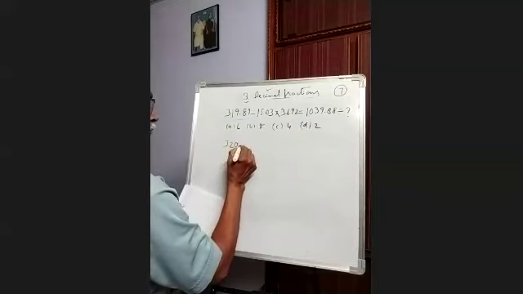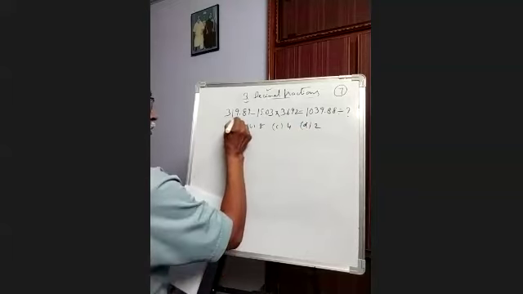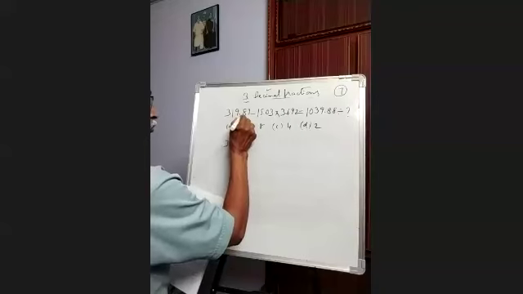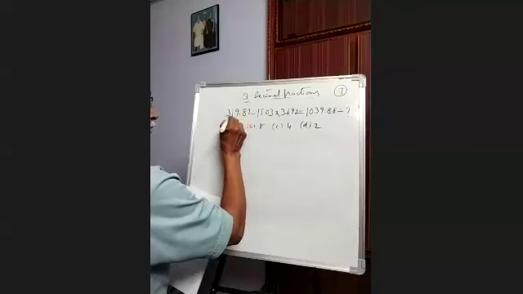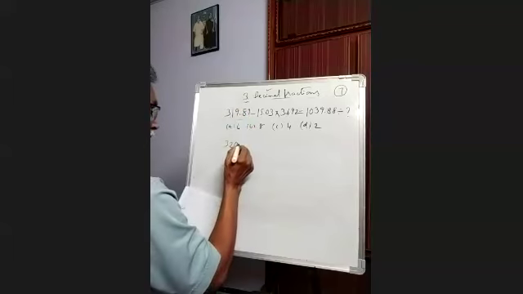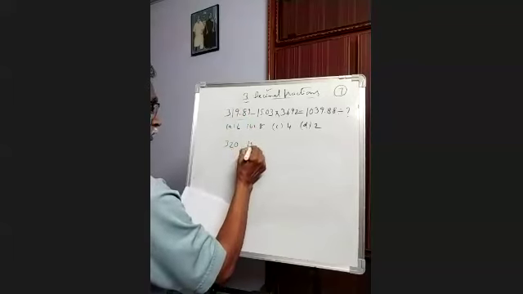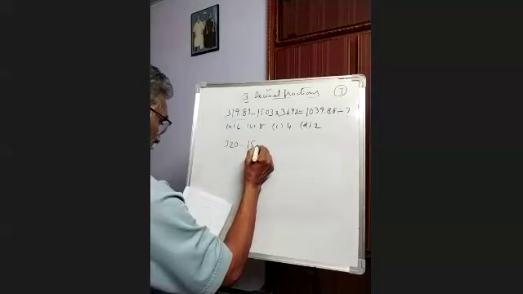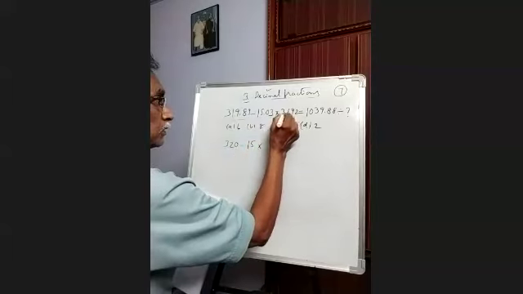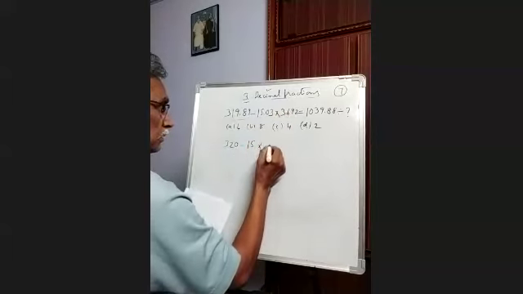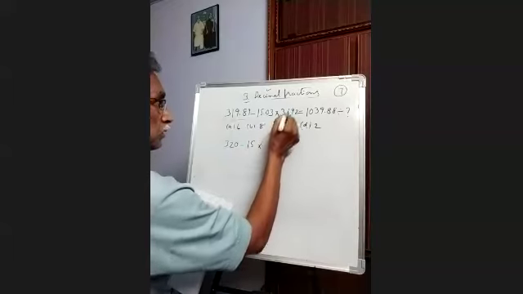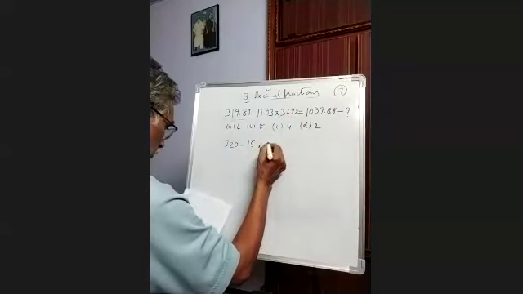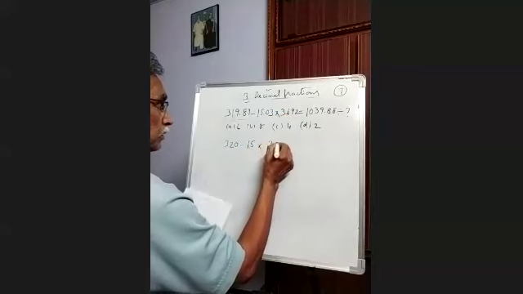From the beginning, we are approximating values. 29.89 will be 30, 320, minus this will be 15. This will be 3.7. Here we have taken it as 3.7.